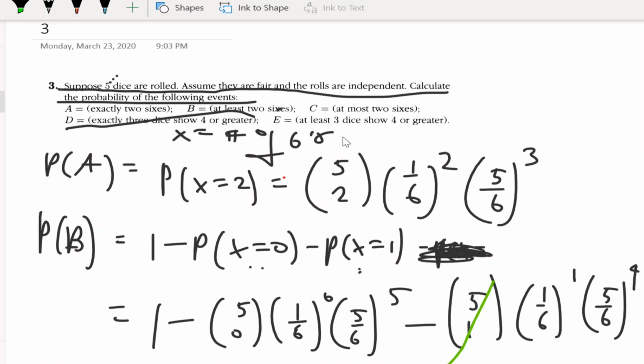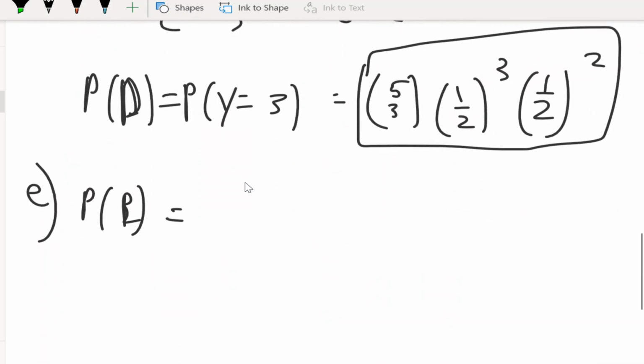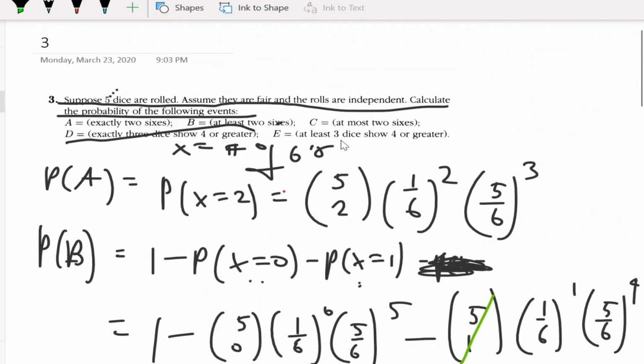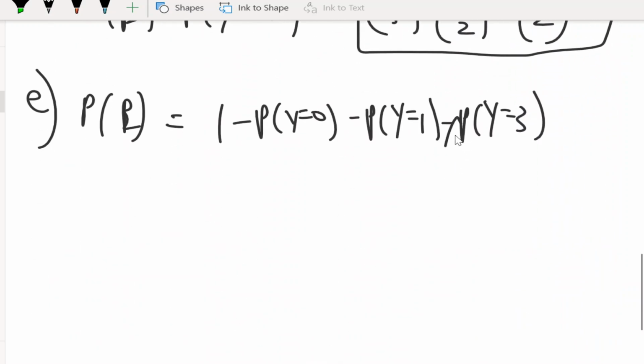Okay, so it's easier to do the complement. So we'll do 1 minus P of Y equals 0, minus P of Y equals 1, minus P of Y equals 2. Sorry, I wrote 3 before, that should be a 2.